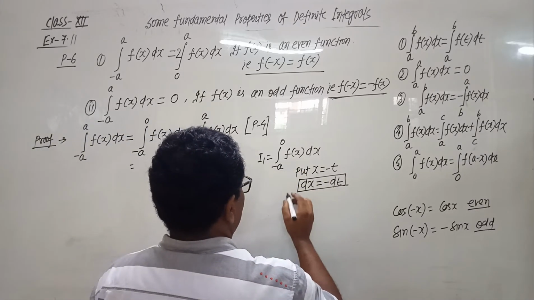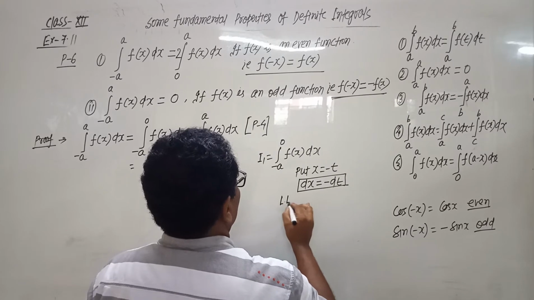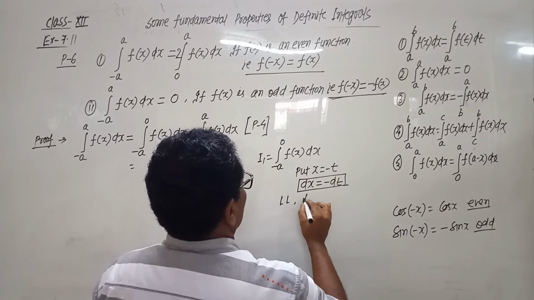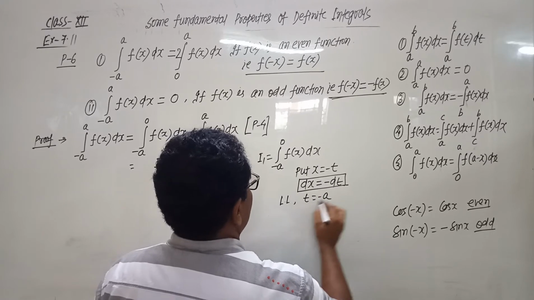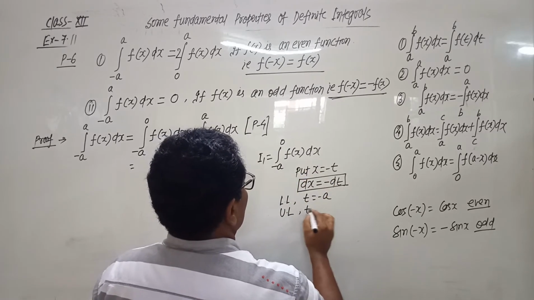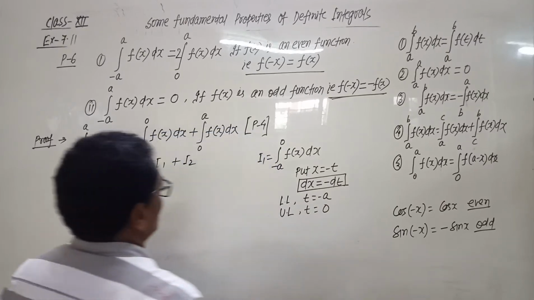Then for the lower limit, put x equals to minus a, so the lower limit becomes a, because minus minus gets cancelled. For the upper limit, put x equals to 0, so t equals to 0.